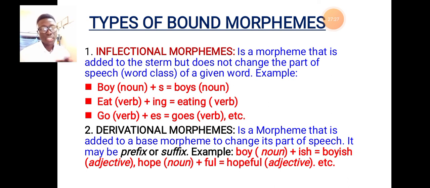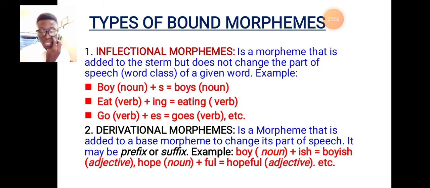Yes. Hope is a noun. And when I add ful to it, the noun changes to become an adjective, as well as changing the form of the word. So now hope has changed to become hopeful.